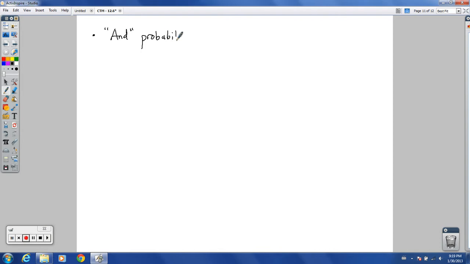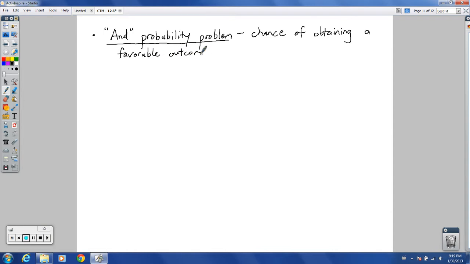So an AND probability problem is the chance of obtaining a favorable outcome for each, not for at least, but for each of the given events. With OR it was at least, for AND it is each of the given events.